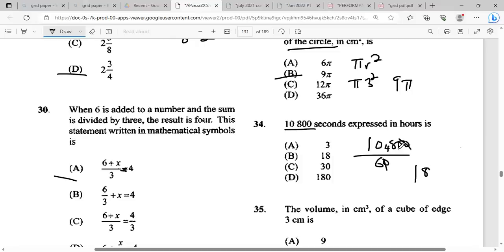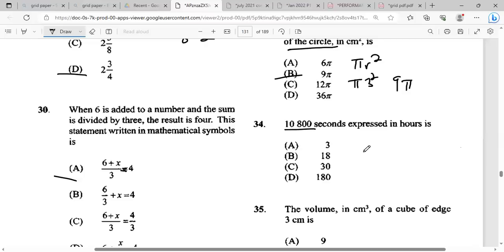Wait there, guys. The answer has to be 3 hours, yeah. All right, so 10,800 seconds: if you want to convert it into minutes, you divide by 60, right? And then to convert it to hours, 60 minutes make 1 hour.